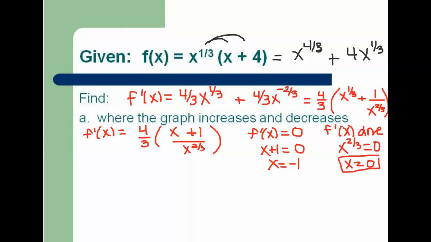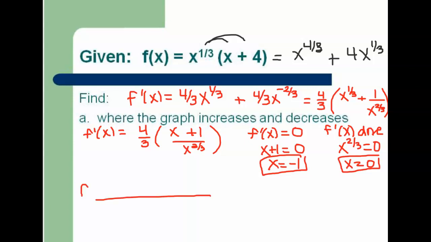Now, this time, because it's a cubic, we're allowed to have negatives. Therefore, I have no domain restrictions except for you can't obviously divide by 0.